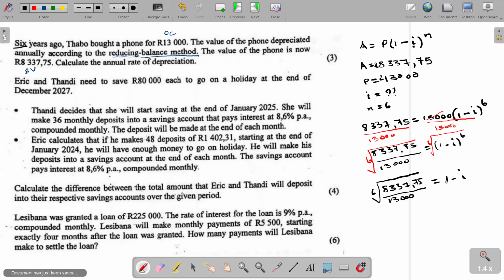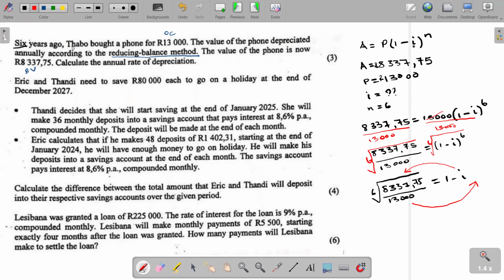Then we have to make I the subject of the formula. The I there is negative, so we take the I to this side and it becomes positive. Then we take this side to here, and it becomes negative.